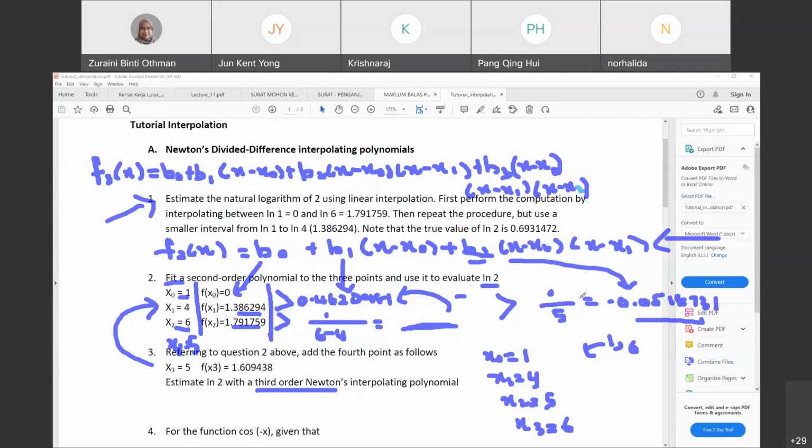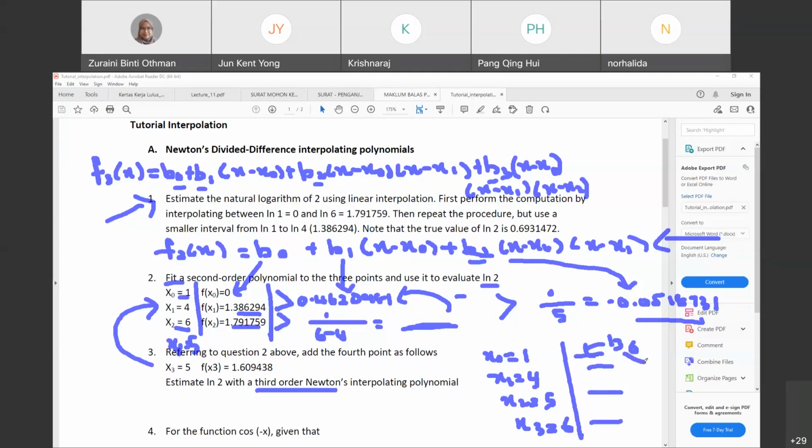Okey, lepas tu dekat situ kita kena tahu bahawa kita kena cari nilai B0, B1, B2, B3 and you have to build this table. Okey, bila kamu build this table, you know already, okey, kat mana yang kamu kena tolakkan kat situ. Jadi kat sini kita dah dapat this is our B0 mula-mula. Lepas tu daripada nilai yang ni, dua ni, okey, this is your B0 and this is B2 and this is B3.